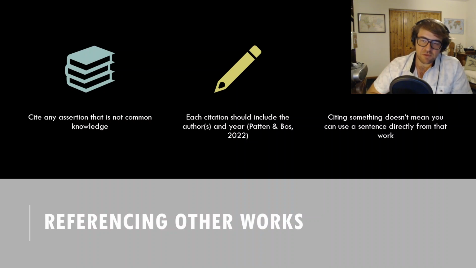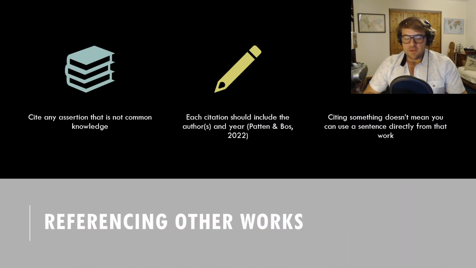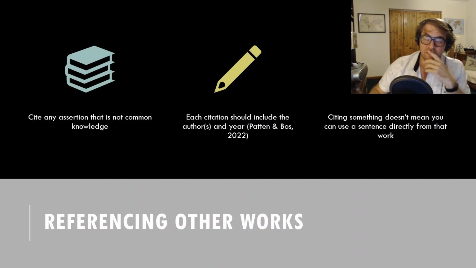It's definitely still plagiarism. You can't just take a sentence. You also can't take part of a sentence. It all has to be summarized completely in new words. Again, just because you've cited something doesn't mean you have the okay to use another author's writing. Okay, let's keep going.